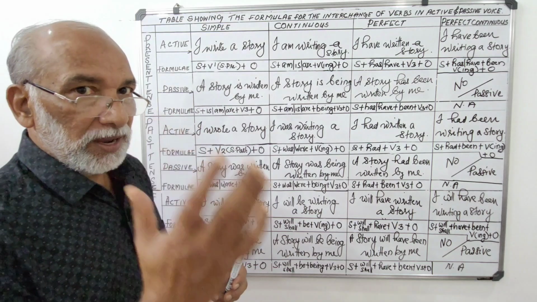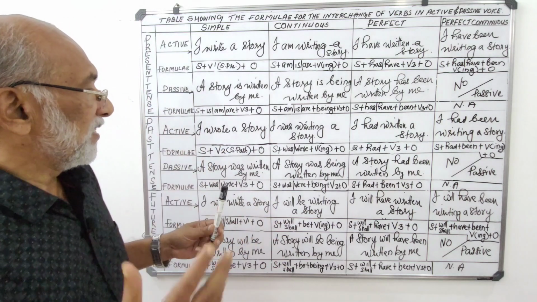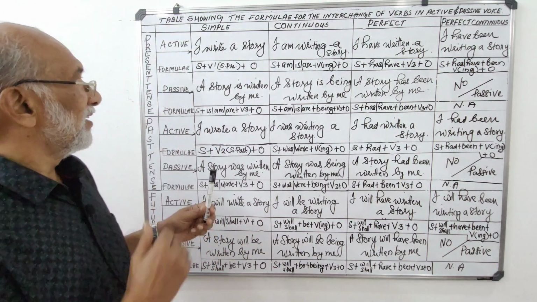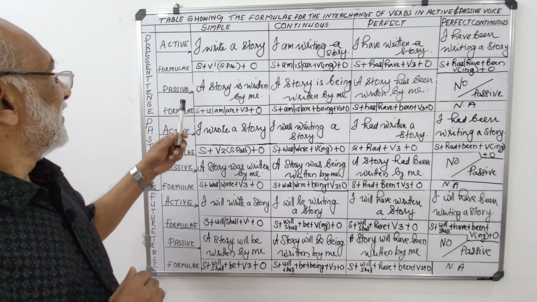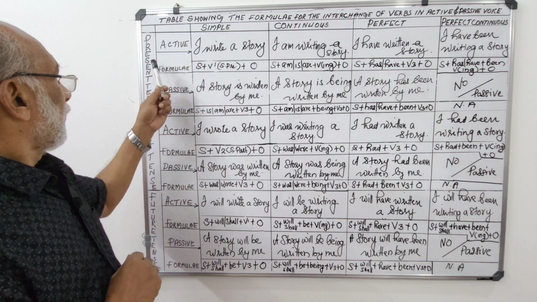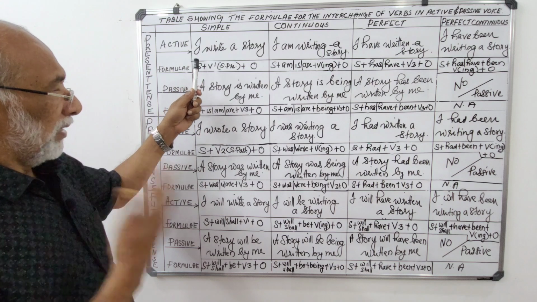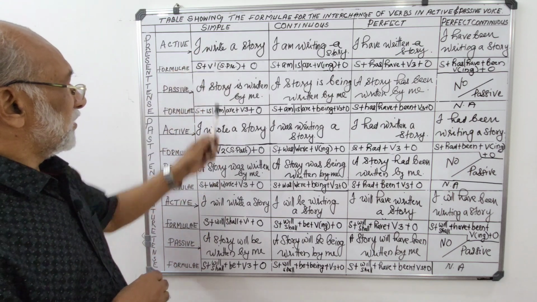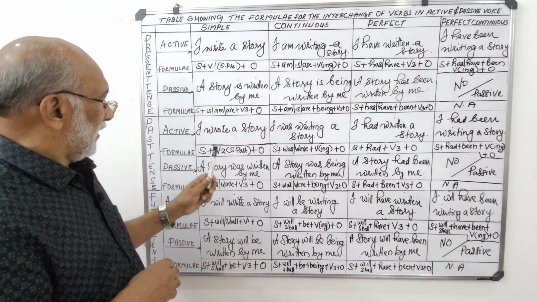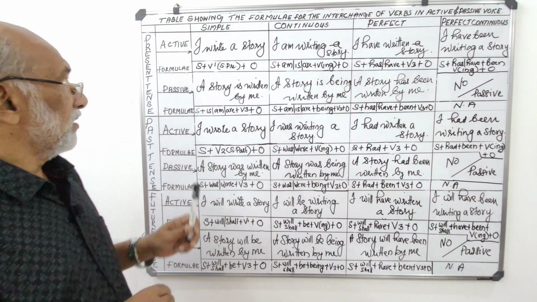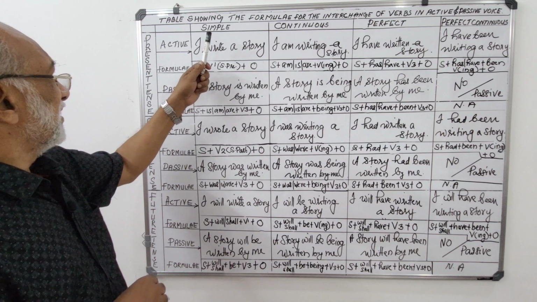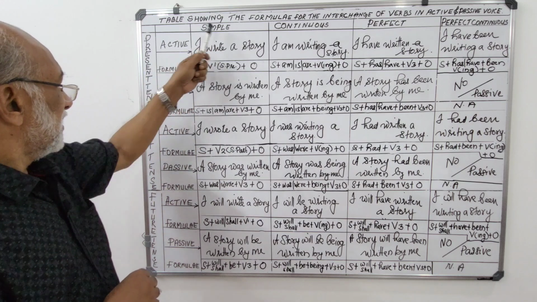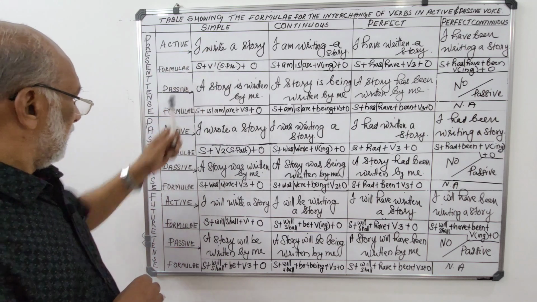I'm sure it will be very helpful to you if you can keep it in your mind. Okay, feed it in your computer. Okay, when you read this table, keep this pattern. For simple form, simple present, then simple past and simple future, you can read like this: simple present, simple past, simple future.